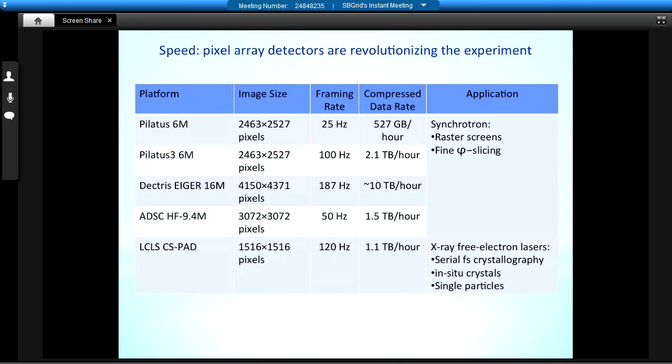So when we started this a few years ago, what was on the horizon was the Pilatus 6M, and we were looking at framing rates of 25 hertz and half a terabyte per hour of data collection. And of course now, with the Eiger on the horizon, we're now talking about 10 terabytes per hour, and other detectors from ADSC also contending.